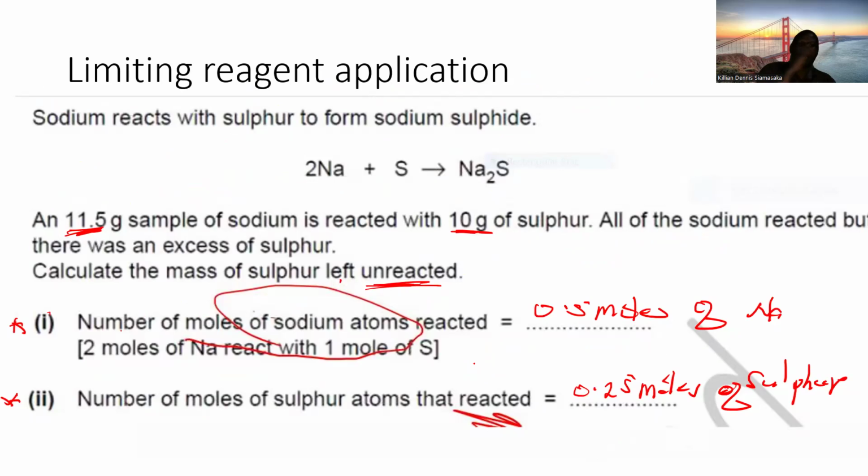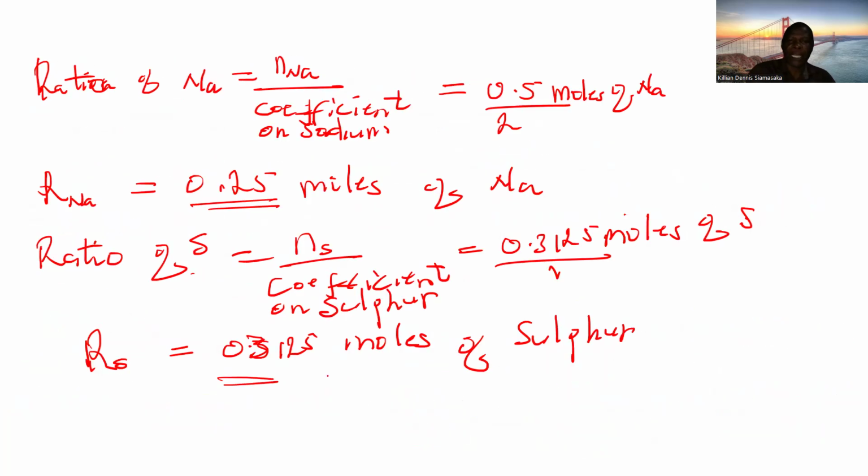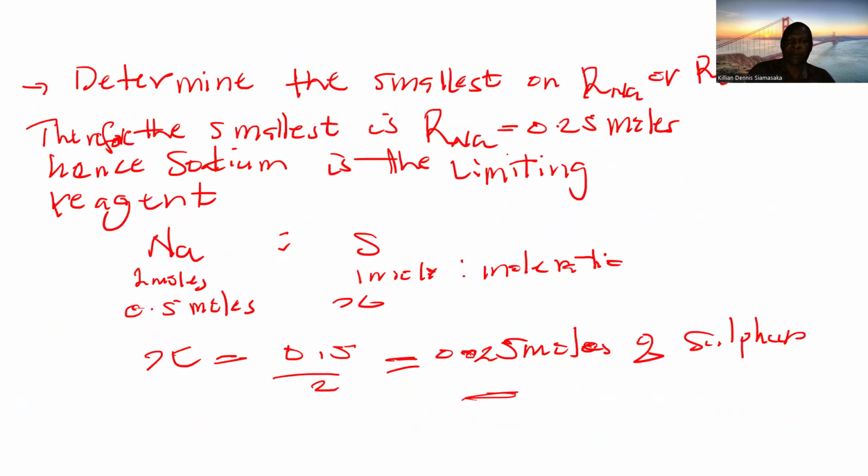So to calculate the mass of sulfur left, if these are the ones which reacted, 0.25, you are going to subtract.